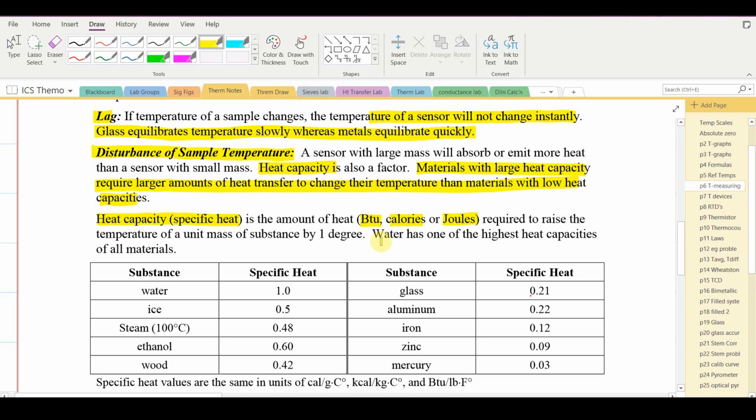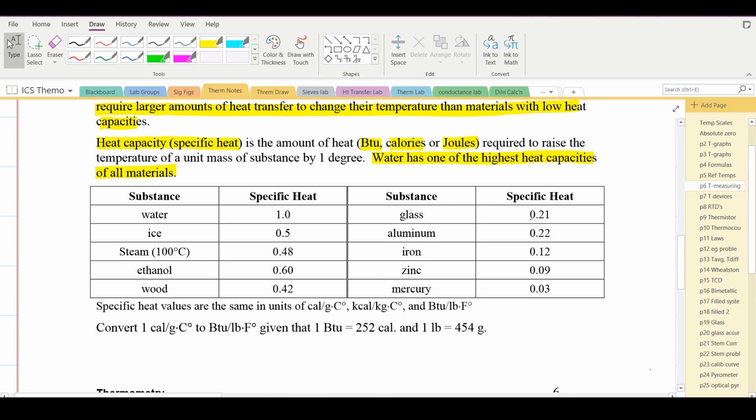And water, interestingly, has one of the highest heat capacities of any known substances. Here's the value of the heat capacity of water in calories per gram Celsius degree. It's 1. Not surprising. Water is a material that's used as a standard for heat capacity, so its value is set to 1. It's interesting that ice has half the heat capacity of water, and likewise steam.